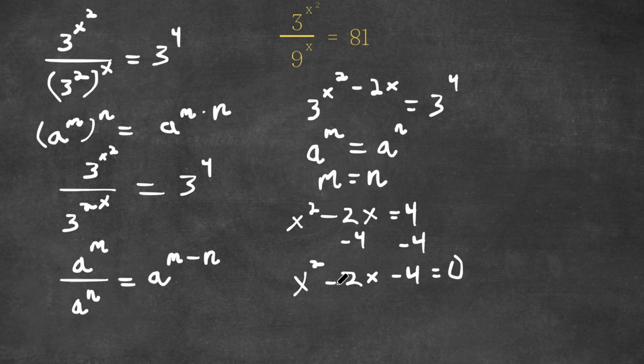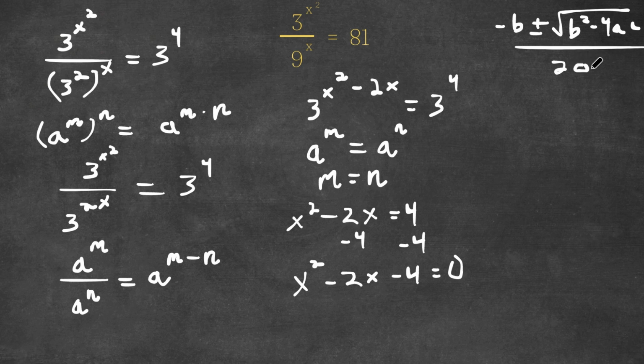Now we have to plug this into the quadratic formula. So the quadratic formula is negative b plus or minus the square root of b squared minus 4ac, divided by 2a.